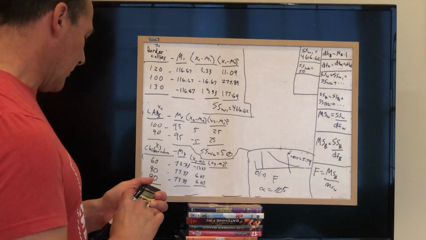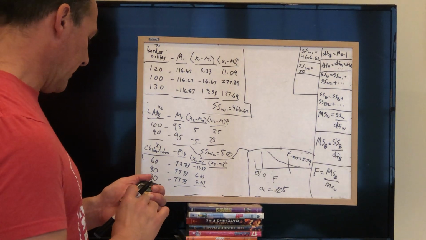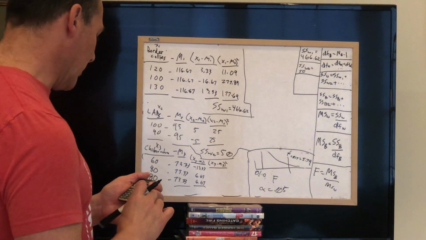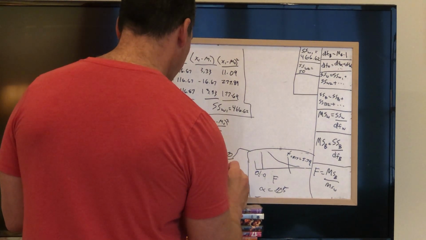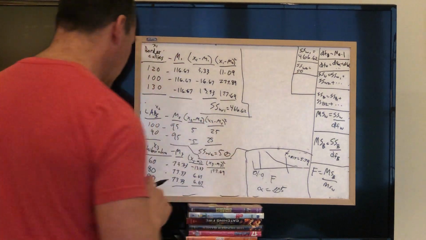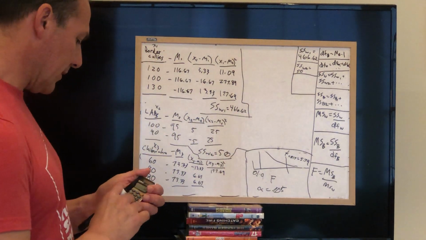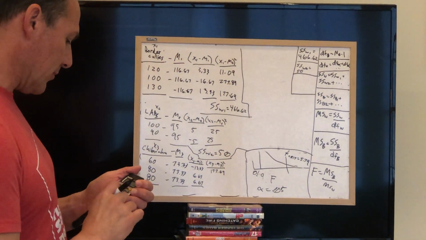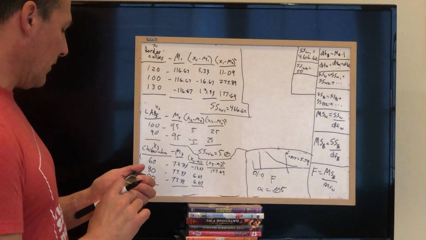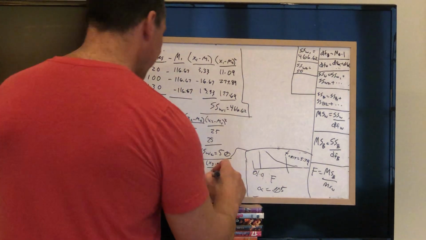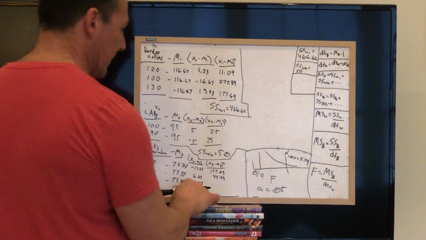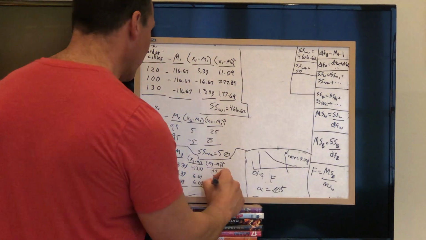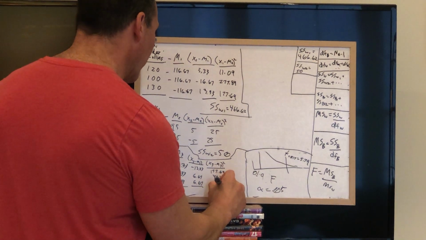13.33 times 13.33 equals 177.69. 6.67 times 6.67, 44.49. And this 6.67 squared is also going to be 44.49.